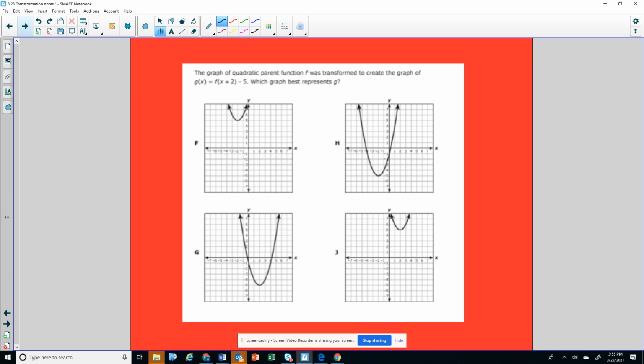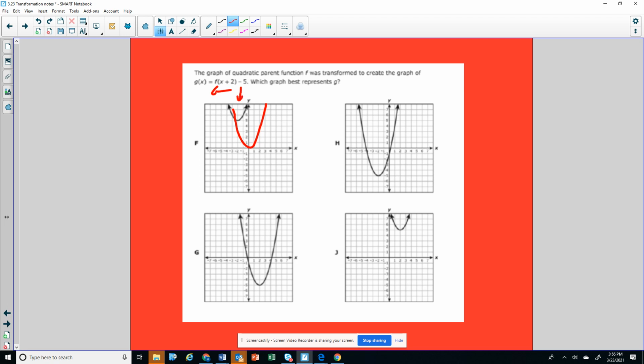This one, you're given a graph, and it was transformed. Again, the parent function f, remember, the parent function looks something like this. That's the parent function right there. And that was transformed to create a graph of f of x plus 2, minus 5. So what does it tell you? Well, the new graph got shifted 2 units to the left and went down 5 units.